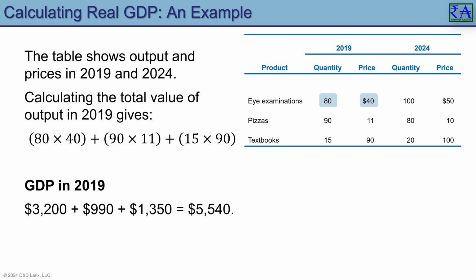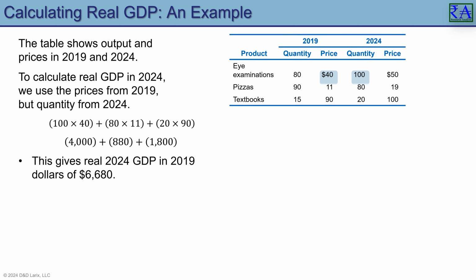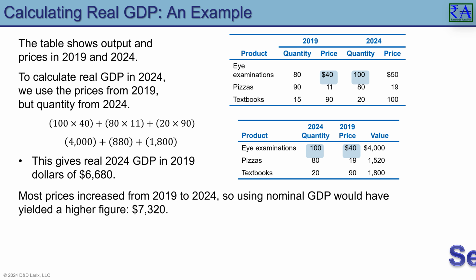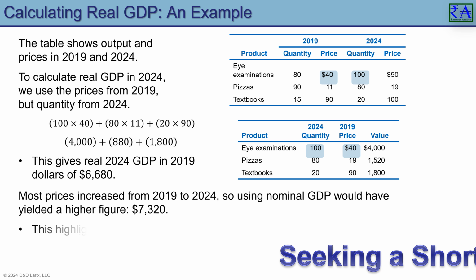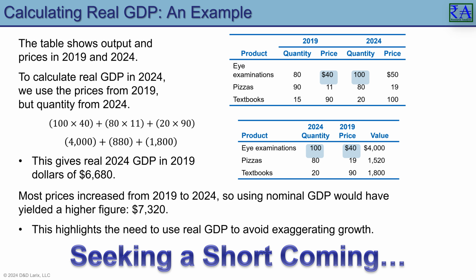Adding these values together, we get a total GDP for 2019 of $5,540. This calculation gives us the nominal GDP for 2019, which is the value of goods and services at current prices. By using similar methods, we can calculate the GDP for different years and adjust them to base year prices to find the real GDP, providing a clearer picture of economic growth without the distortion of inflation.